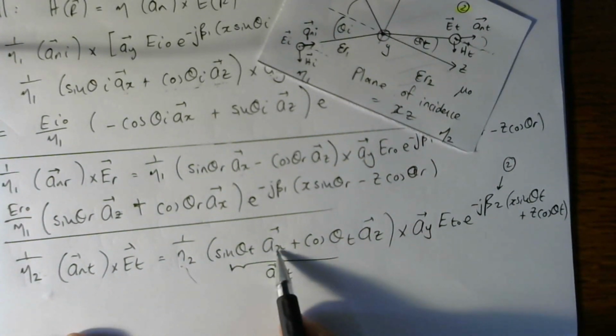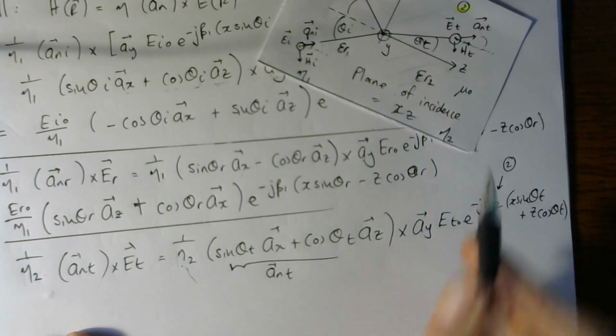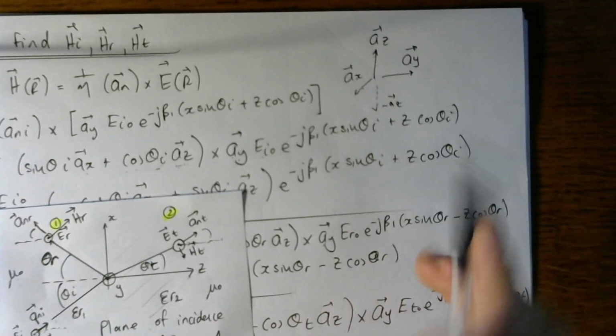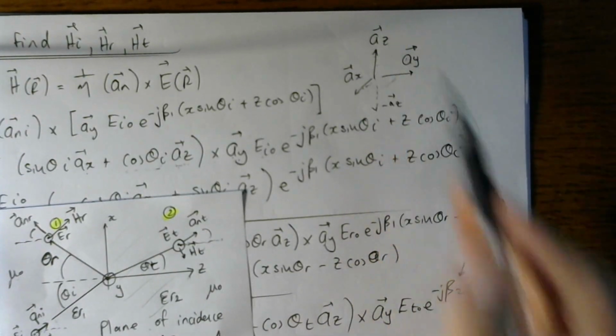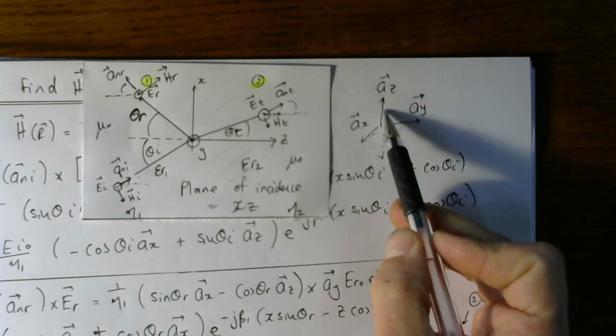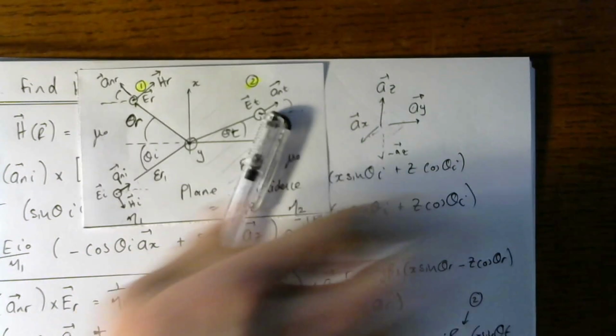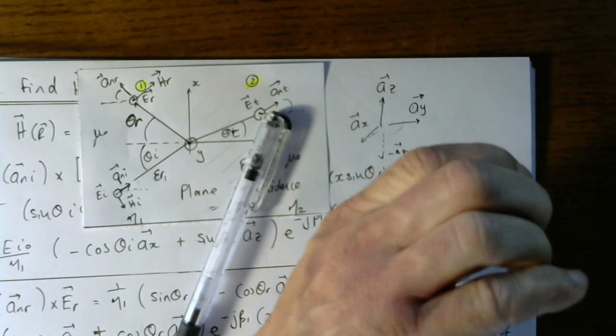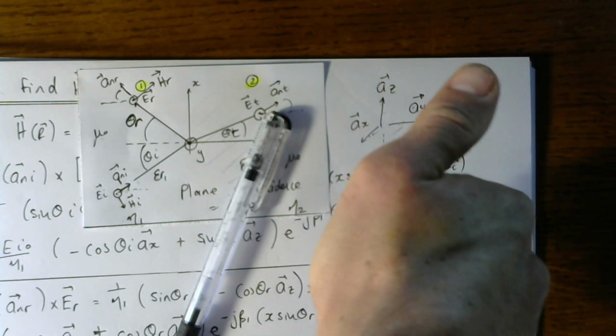Again I can perform ax cross ay, which, if I look at my little axis, will give you plus z, and I can perform az cross ay, from z to y, thumb points in minus x, so it's minus ax.